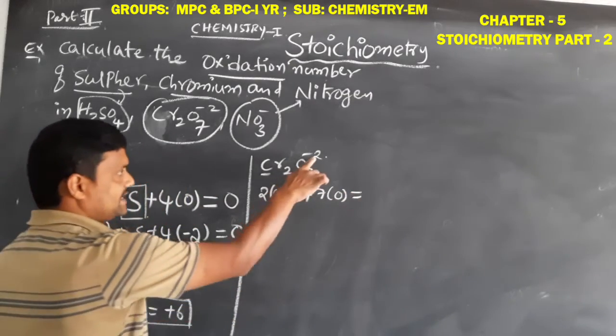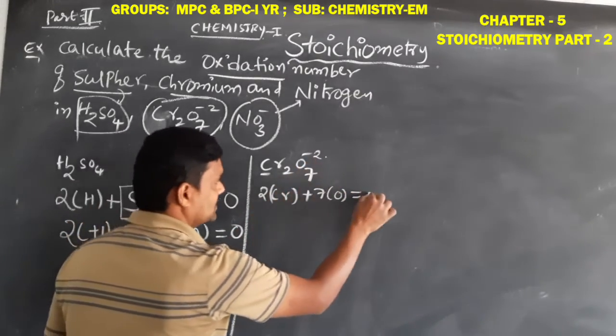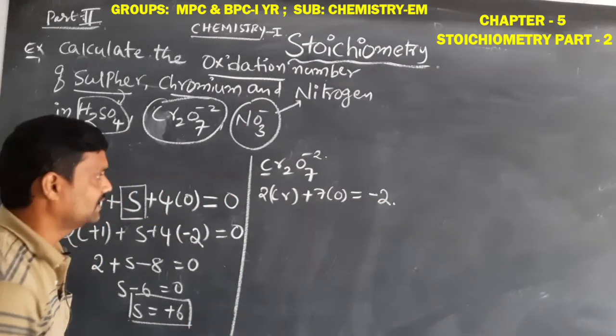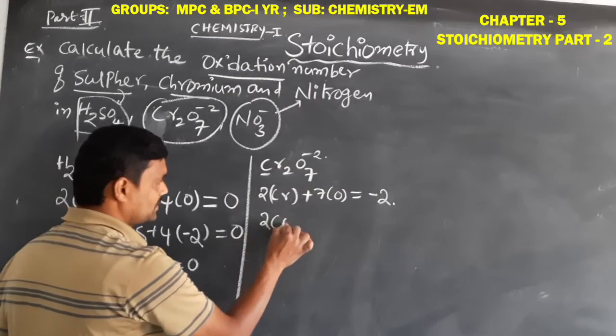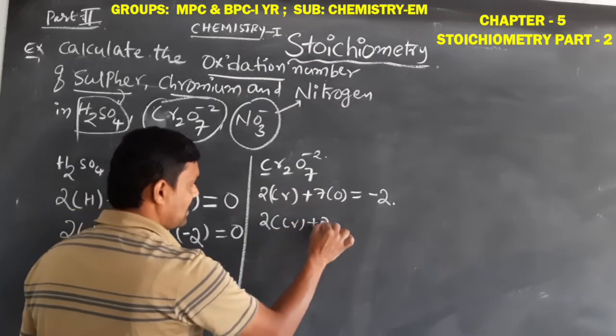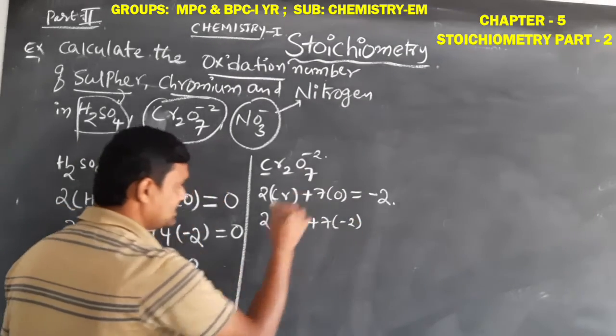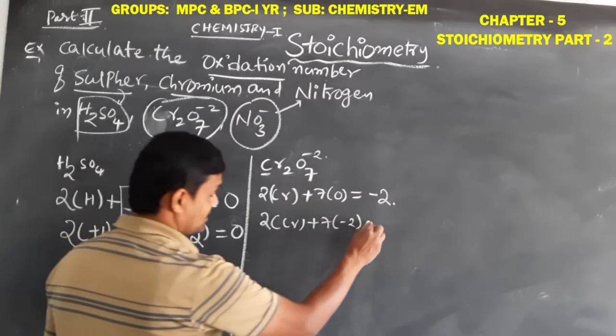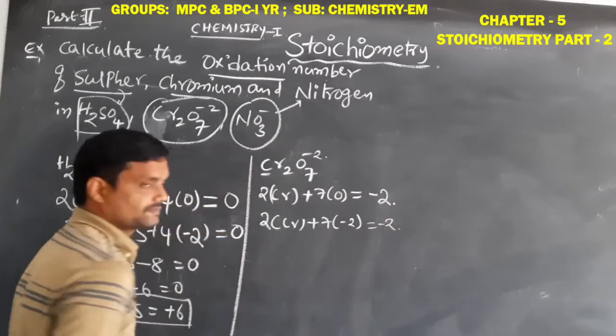Here the minus 2 is present on the ion, so we write minus 2. Okay students, this is a simple way. Then we substitute the oxygen oxidation number, which is minus 2.